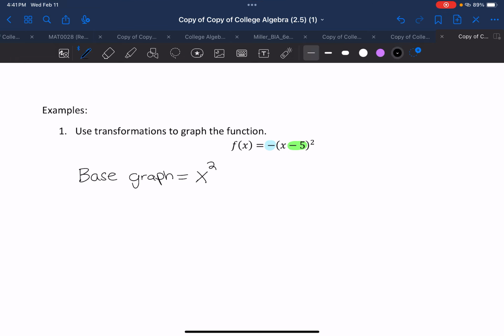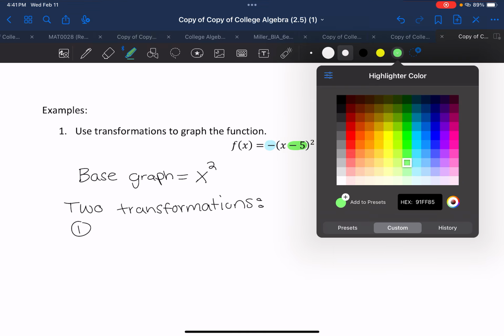And then I have two transformations in this function. The first one is going to be the one in green that I highlighted.